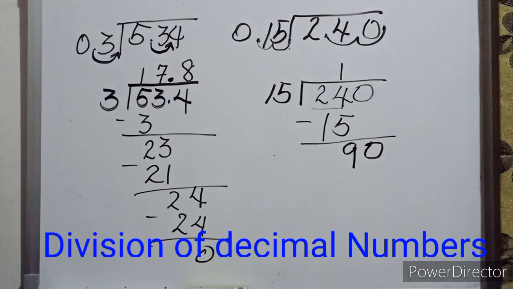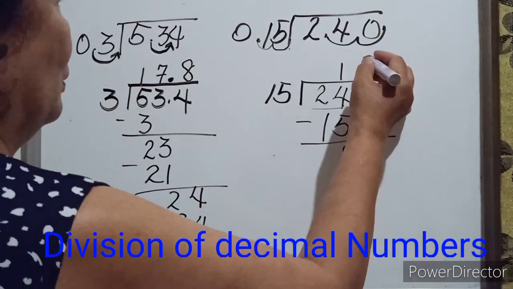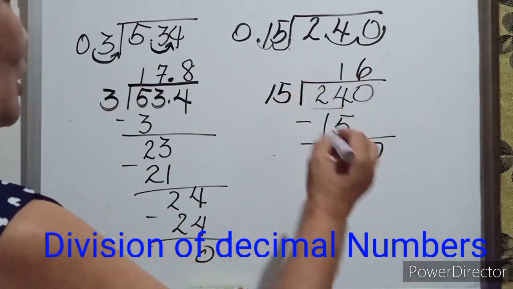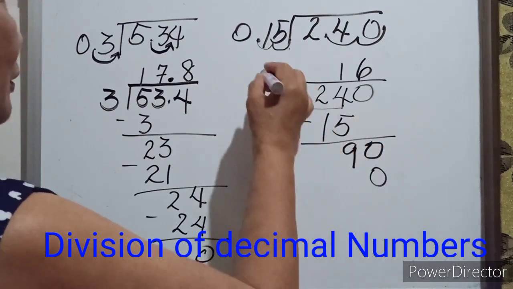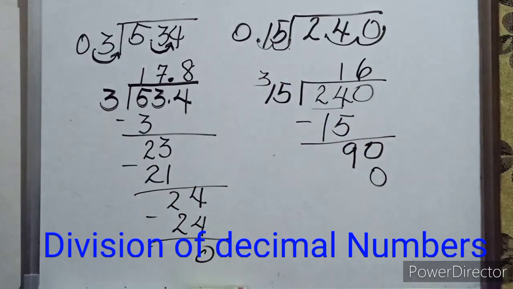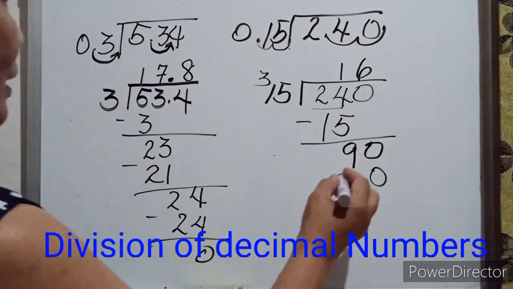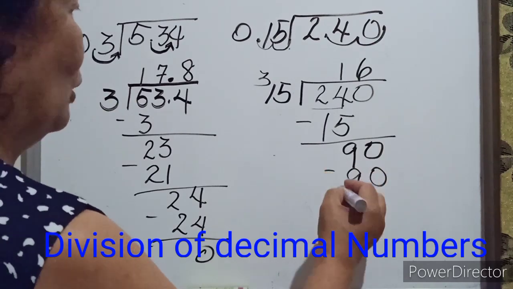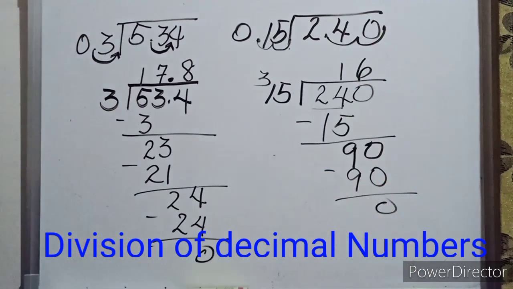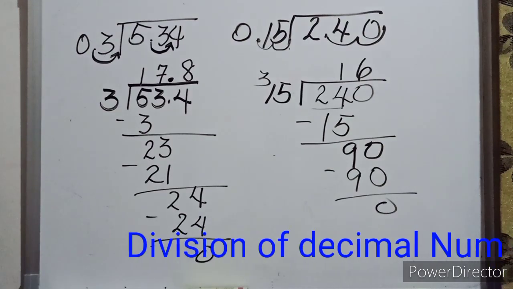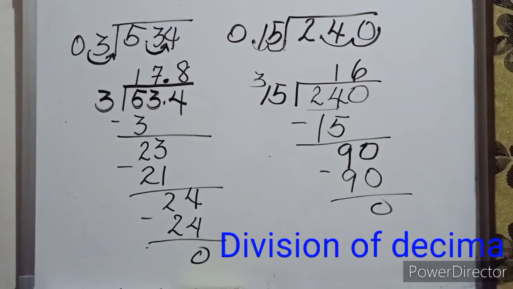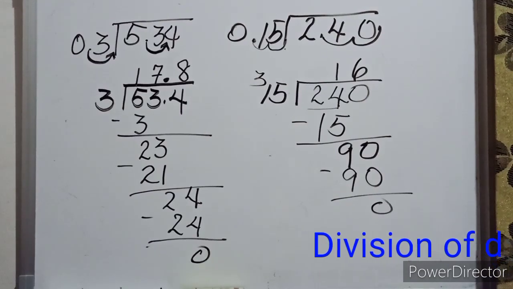Then we continue dividing. 90 divided by 15 will give you 6. 6 times 5 is equal to 30. Carry 3. 6 times 1 is equal to 6 plus 3 is equal to 9. We subtract and we have 0. Finally giving us a quotient of 16.